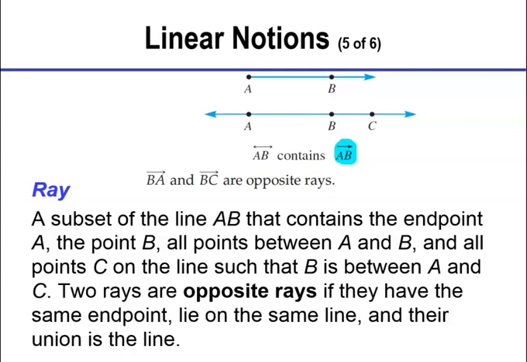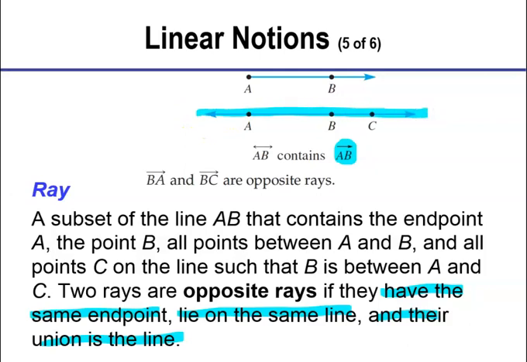Okay, so a subset of the line AB that contains the endpoint A, the point B, all points between A and B, and all the points C on the line such that B is between A and C. Two rays are opposite rays if they have the same endpoint. That's important. They have to have the same endpoint. They lie on the same line, and their union is the line. So what we have here, this second one, it's a line.